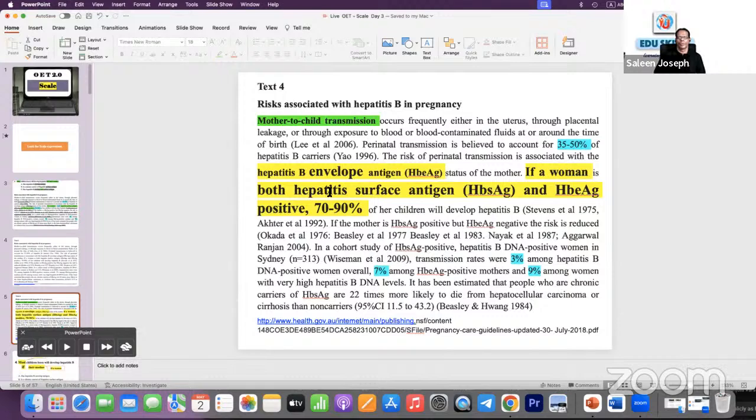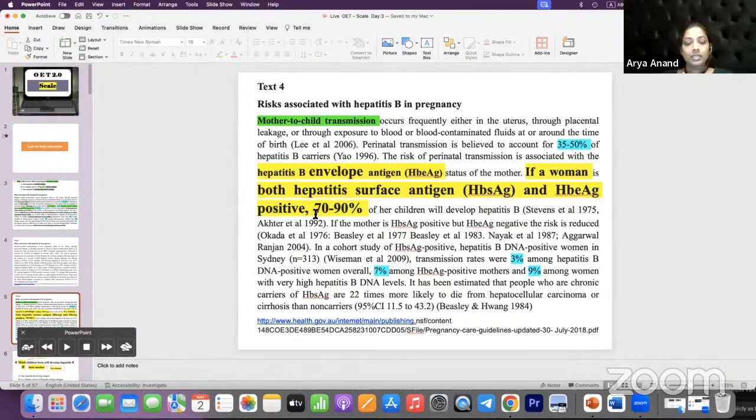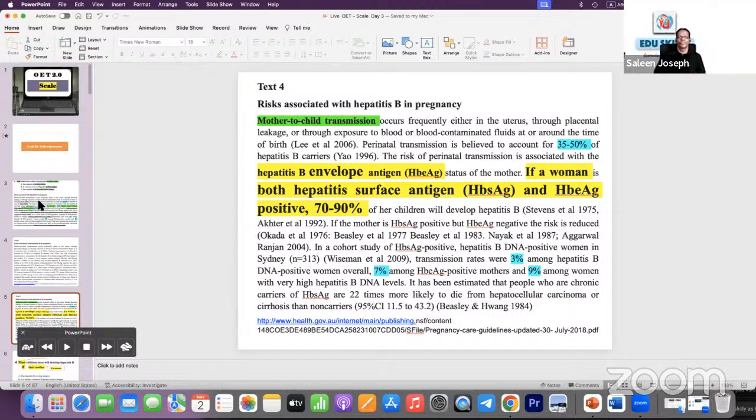If a woman is both hepatitis surface antigen and HBe antigen positive, that is the synonym of both, envelope antigen and envelope. So positive, 70 to 90% of all children will develop hepatitis B.